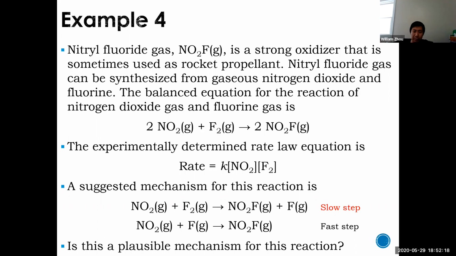So is this plausible? What do you need to determine to figure out whether this is plausible? So first of all, do you think this is plausible? Anyone? No. No, why not? What's wrong with it?